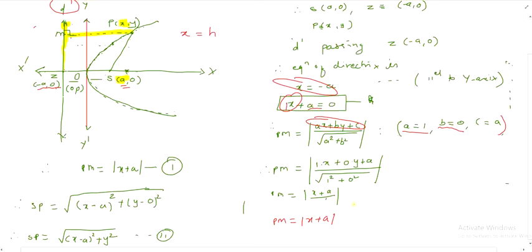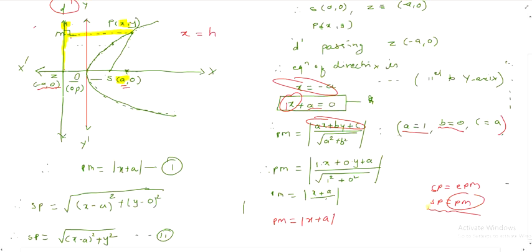Now, according to the definition of the parabola, or by using the focus directrix property, we have SP is equal to e into PM. But e is equal to 1, therefore we get only SP is equal to PM. And we want to find the equation of the parabola, and for that purpose we have to use this focus directrix property. So we have found one thing, that is PM.